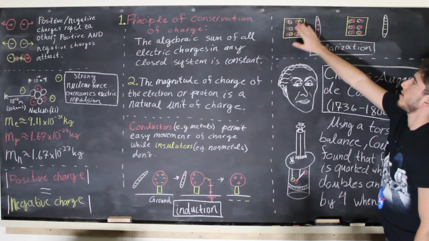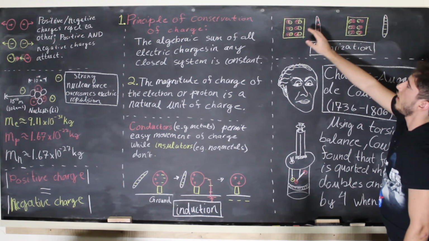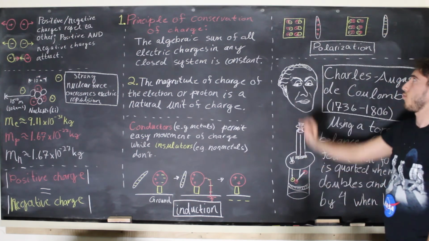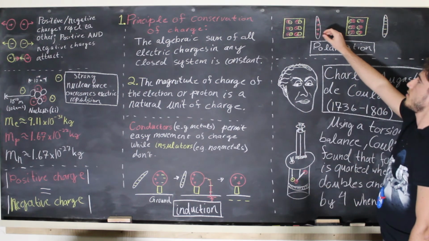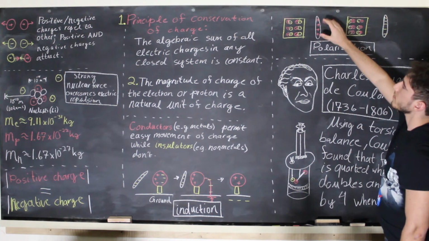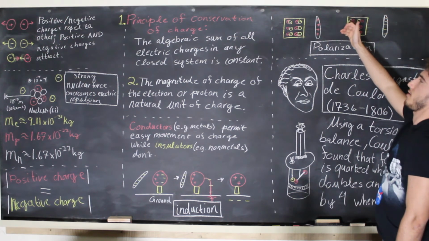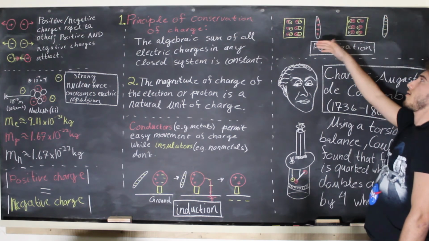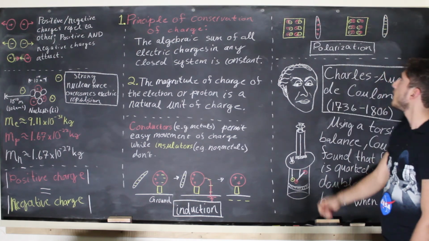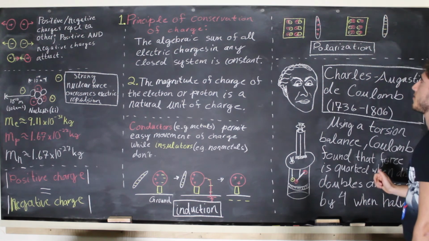So if we had an insulator and then we took a charged rod and put it next to it, the electrons within the atoms of the insulators will be attracted by the positively charged rod and will align themselves in order to get closer to the positively charged rod, while as a consequence the protons will be aligned the other direction. The same thing will happen vice versa if the rod was negatively charged.